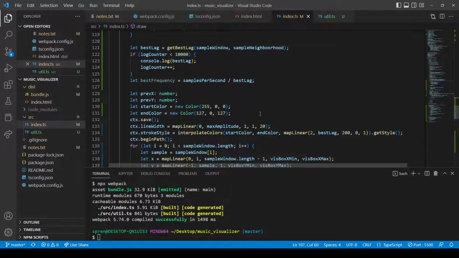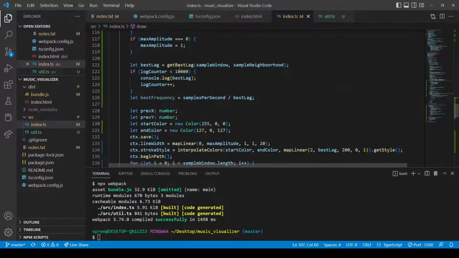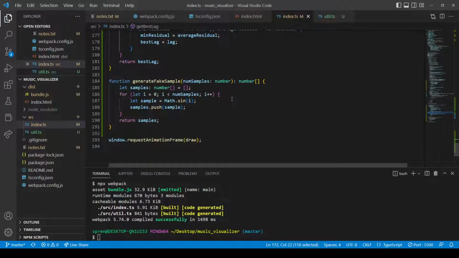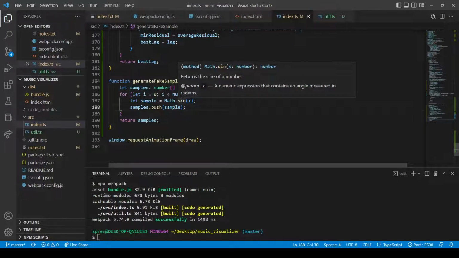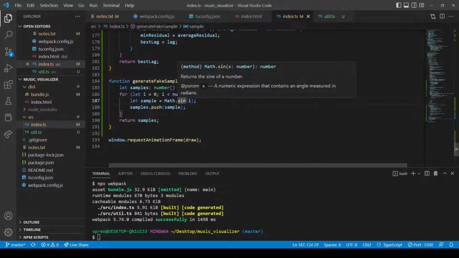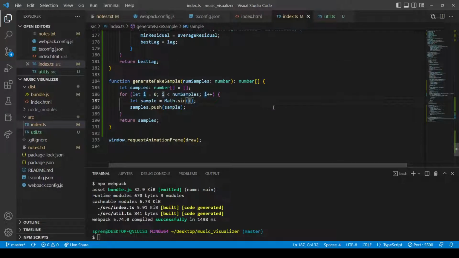I want to change this console.log thing to not print here. And I want to mess with this. Okay. So this is in units of radians. I'm gonna iterate from 0 to a couple hundred.